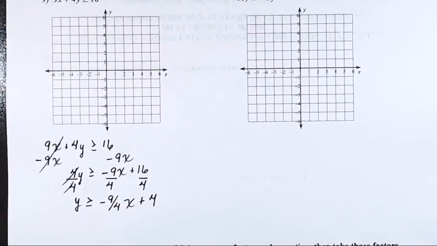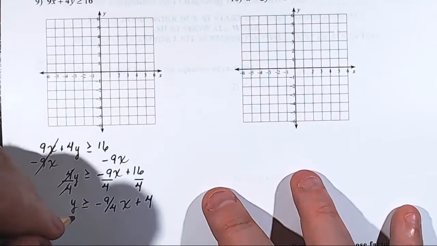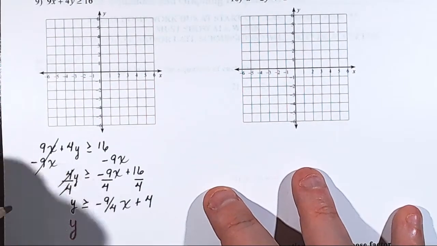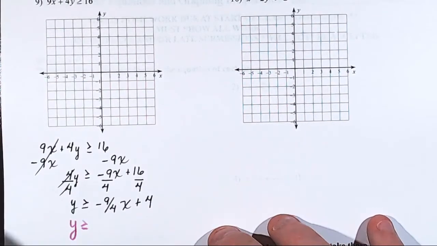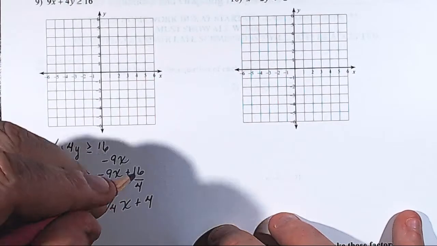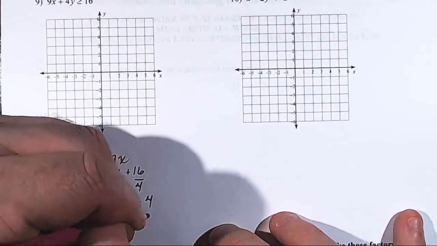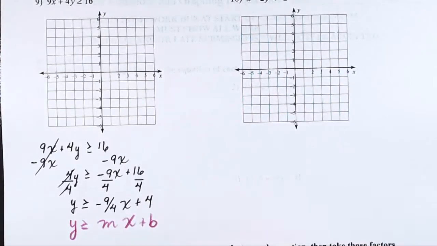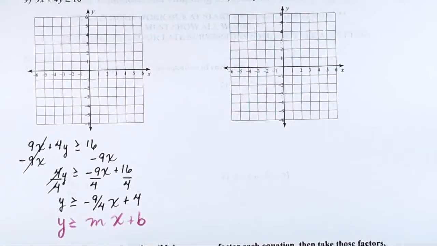We can now graph this. Remember, we have our equation in slope-intercept form, so it's applied to this particular linear inequality. It's y is greater than or equal to mx plus b. So we know what the slope is, and we know what the y-intercept is.